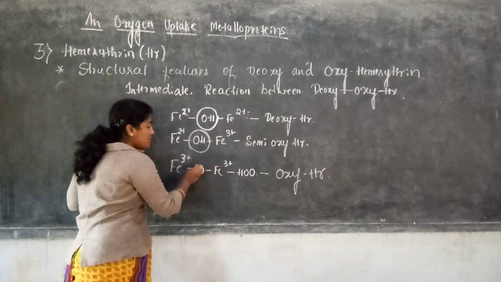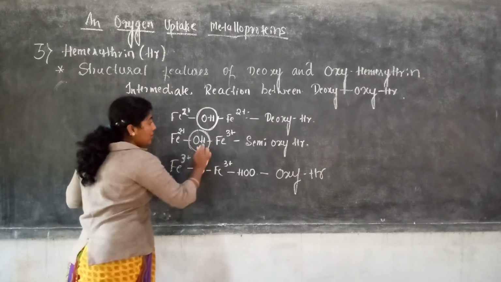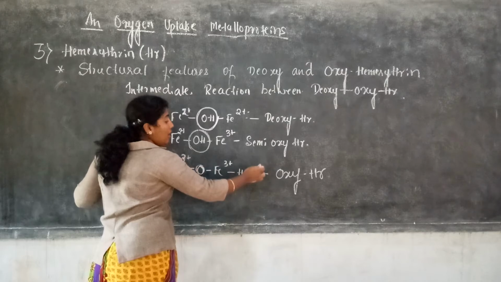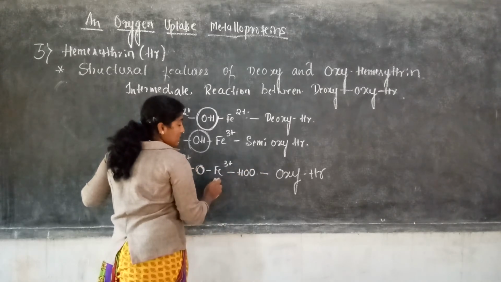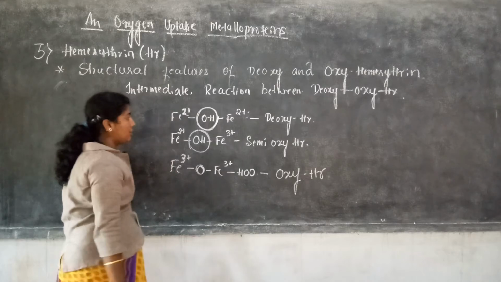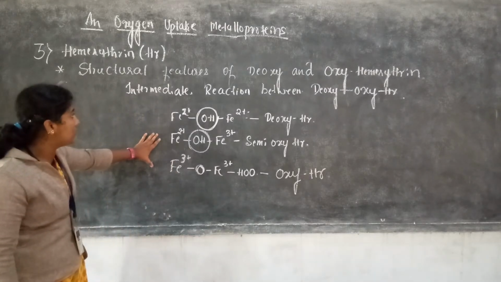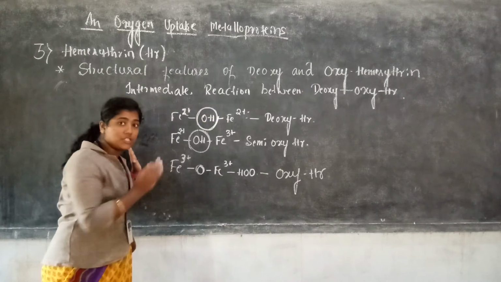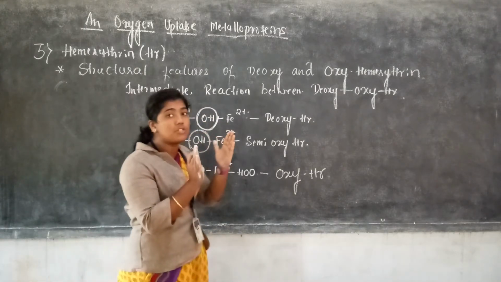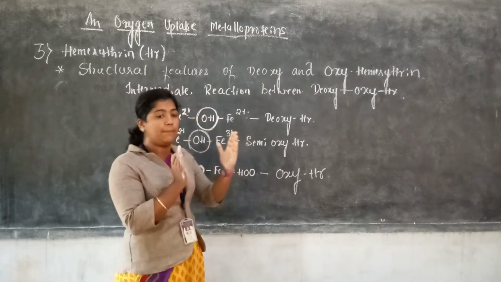Then the oxygen remains, the hydrogen is transferred, and dioxygen binding takes place at the second iron center. This is the reaction between the deoxy and oxy forms of hemerythrin.